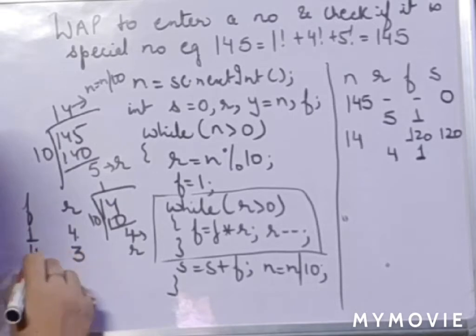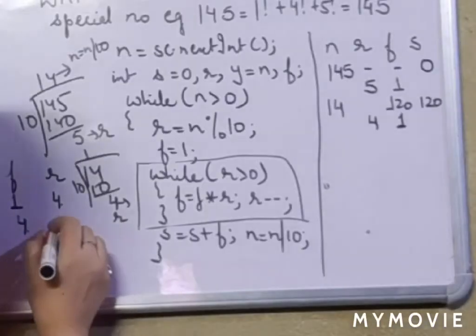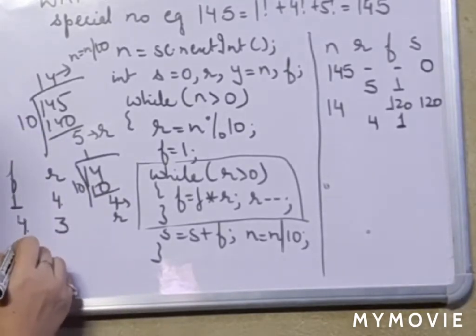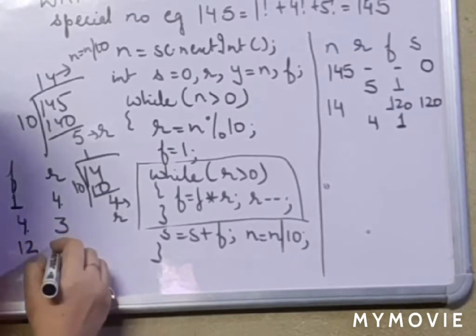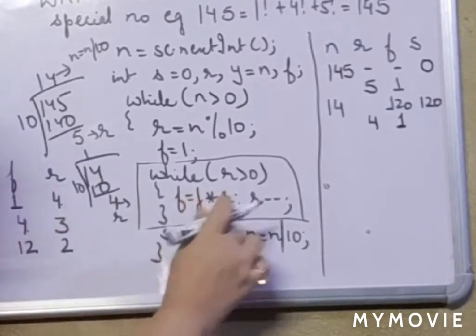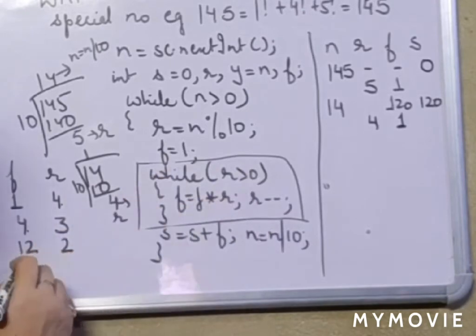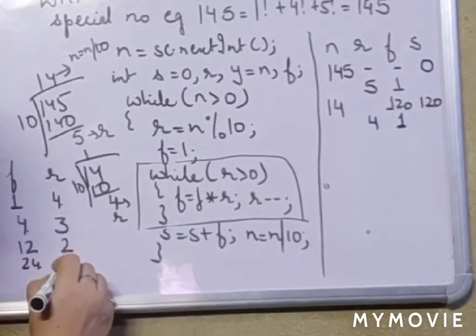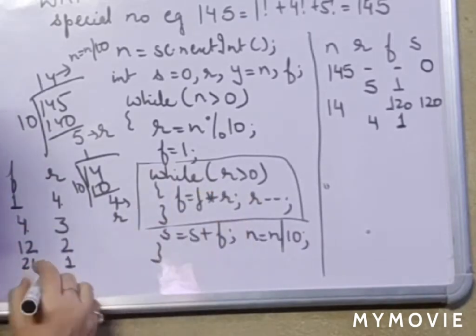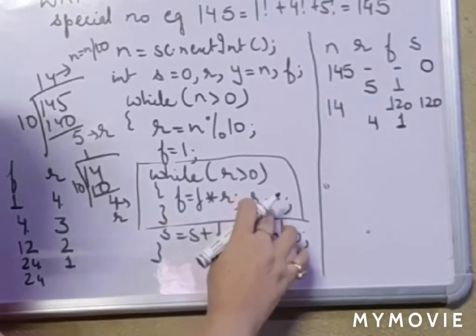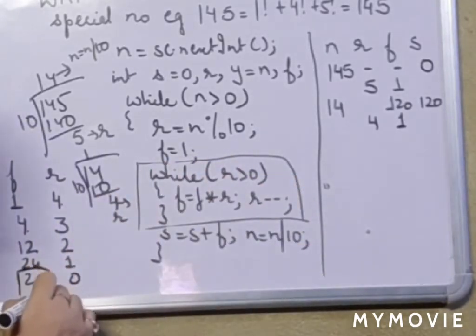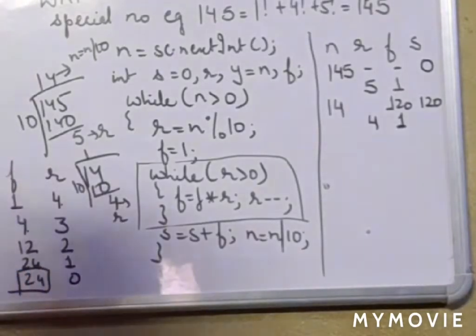Then 3 into 4 is 12. r will decrease, it will become 2. 2 is greater than 0. 12 into 2 is 24. r will decrease, it will become 1. 1 into 24 will become 24. Then r will decrease, it will become 0, and 0 greater than 0 is a false condition. So the value of f that we have got here is 24.